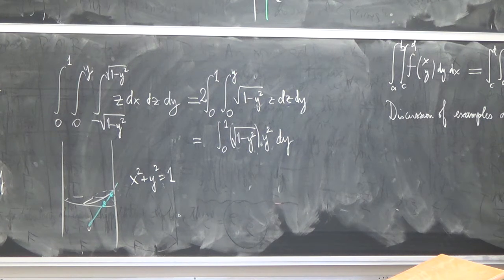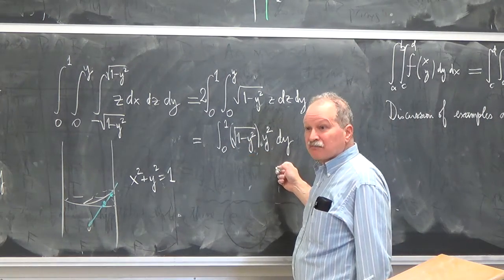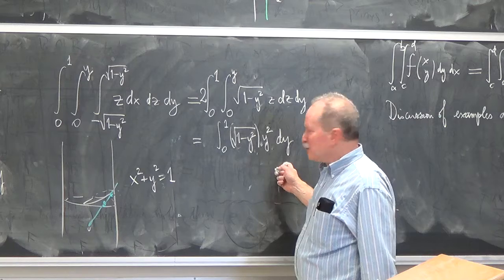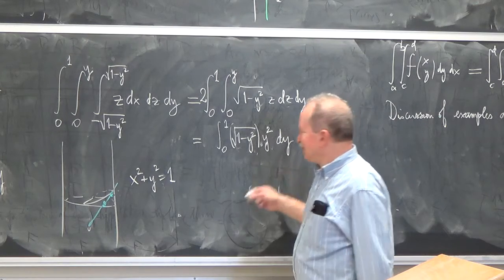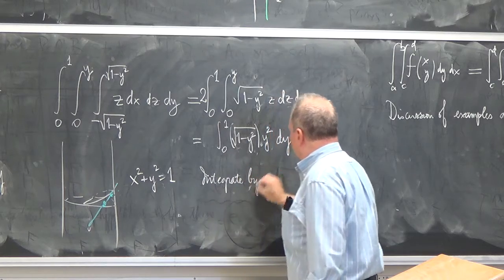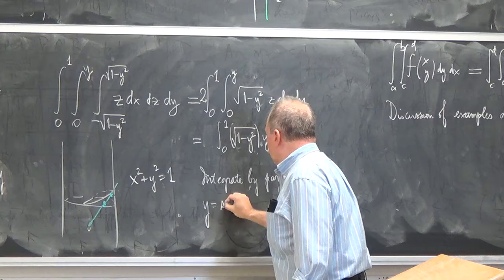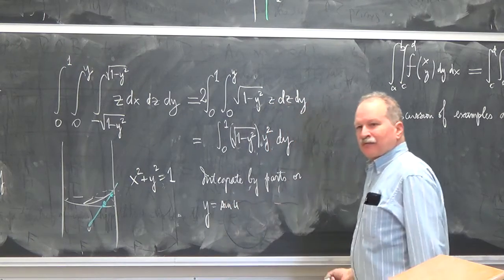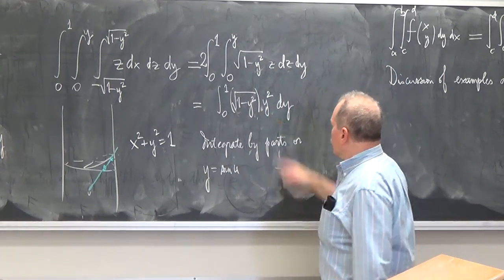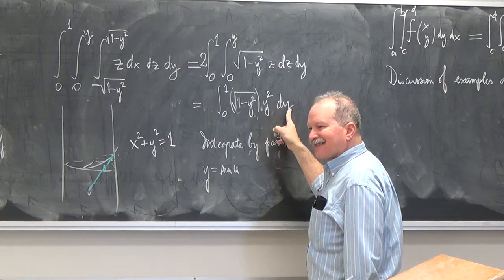You're going to have to do a double angle again. Again, you're going to make a trig substitution. You could do integration by parts, if you remember how to do that. Or, again, now let y equal sine u. And then you're going to end up with sine squared, cosine, cosine.